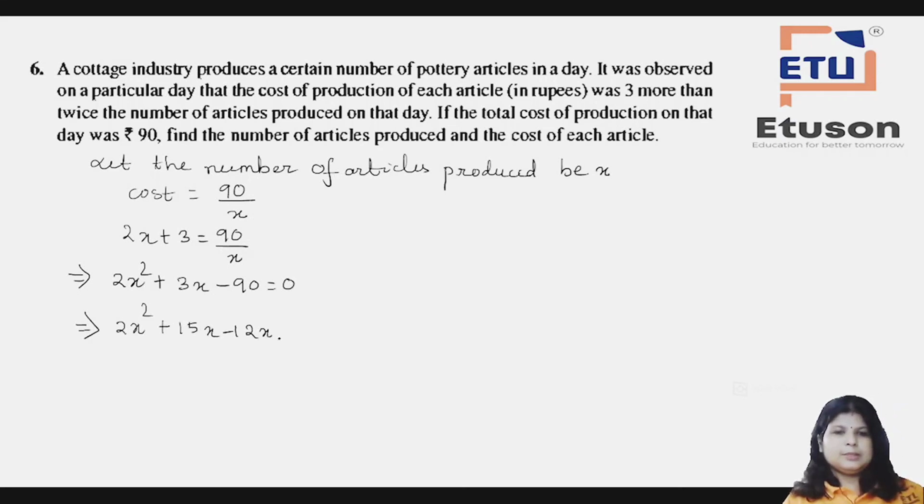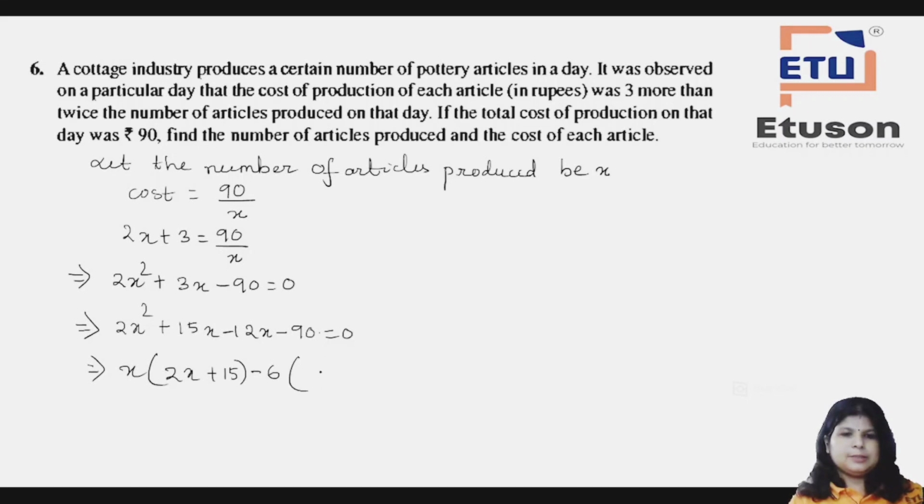Product is minus 180 and the summation is plus 3x. So if you take x common, you will get 2x plus 15, and here you take minus 6 common, you will get 2x plus 15 again, is equal to 0. It implies you have x minus 6 into 2x plus 15 is equal to 0.